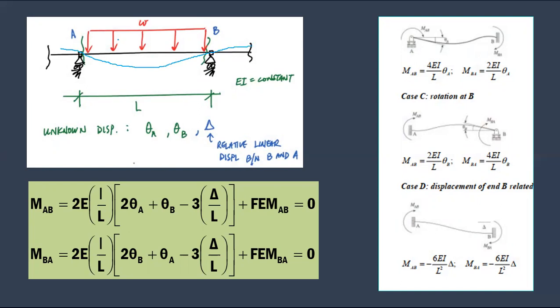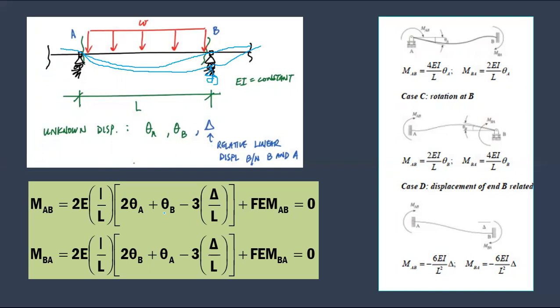Suppose you can also have support settlement. So you support something somewhere here as well, right? In such a case, you can use the slope deflection method.